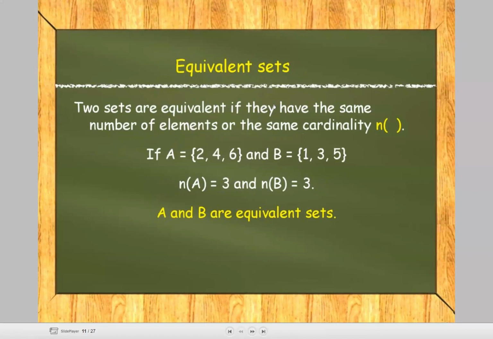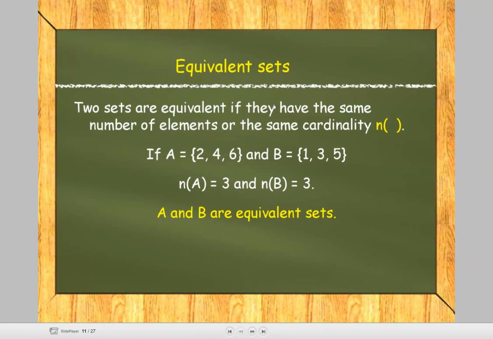Two sets are equivalent if they have the same number of elements, or the same cardinality. If A equals 2, 4, 6 and B equals 1, 3, 5, n(A) equals 3 and n(B) equals 3.